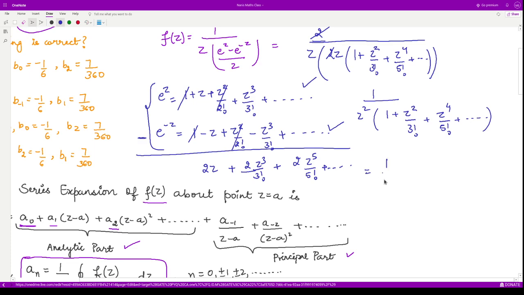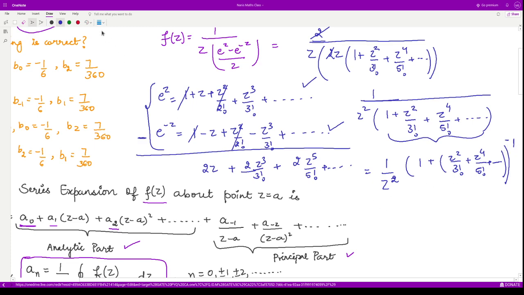Again we can write this as 1 plus this whole term, z square by 3 factorial plus z power 4 by 5 factorial and so on, raised to power minus 1. That means I have shifted this term which was in the denominator upwards into the numerator.